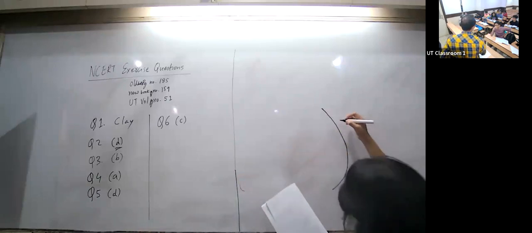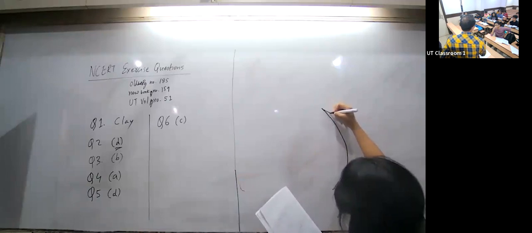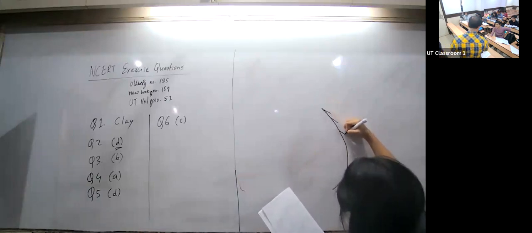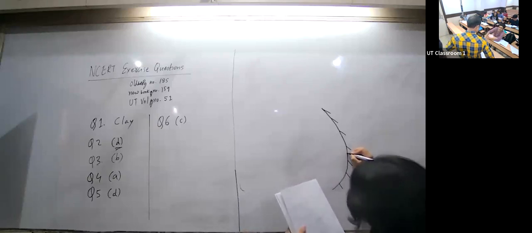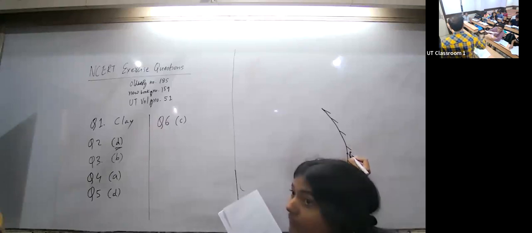You are using mirror. You have drawn a diagram of a lens. Where is the reflection? Wait a minute. Where is the reflection? When it goes here, it will be reflected to focus. All my teaching has gone for a toss.